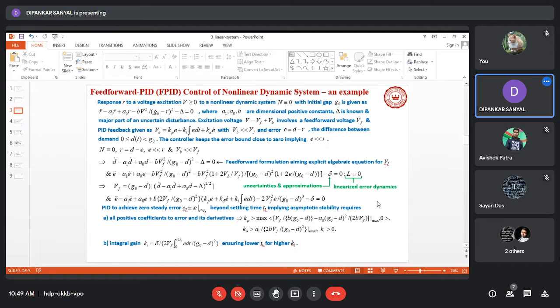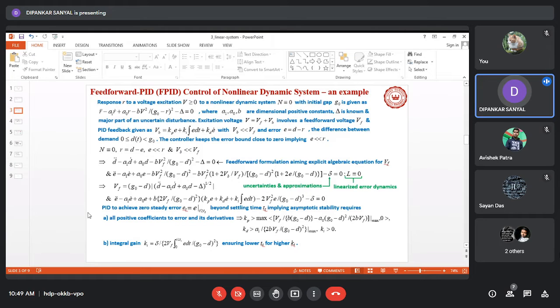So from this equation we can see, suppose we do not have this integral term, then at the end of the transient process, what will happen? This term will remain, A0 into E, and because of this delta, there will be a small offset with respect to the given demand, because of the presence of A0E plus some P term here equal to delta.